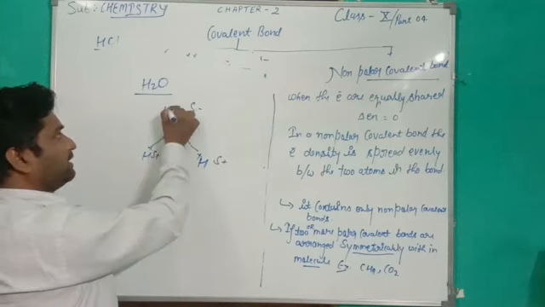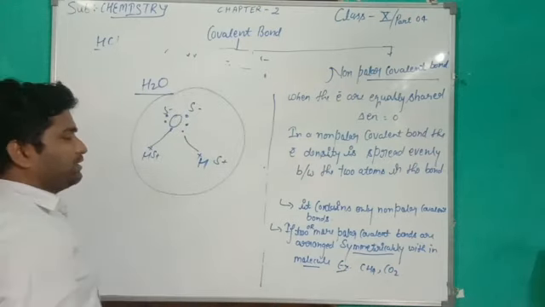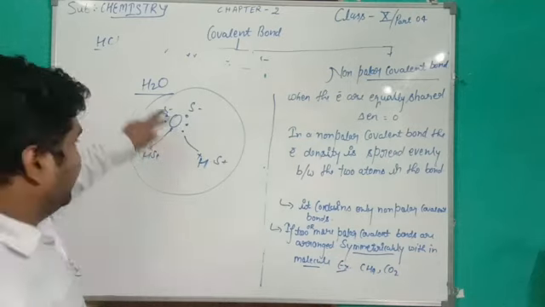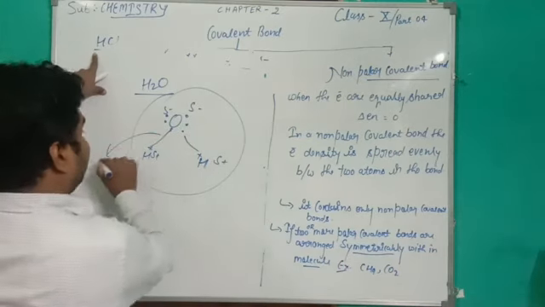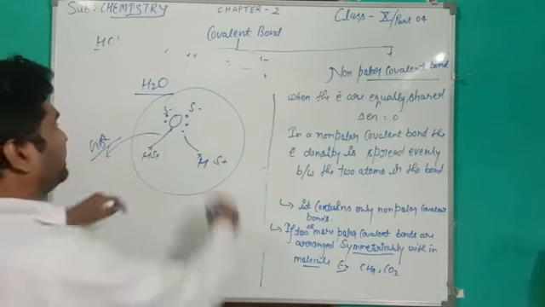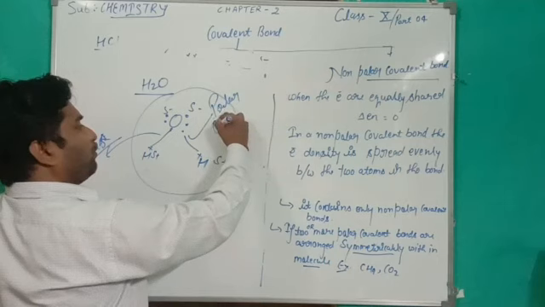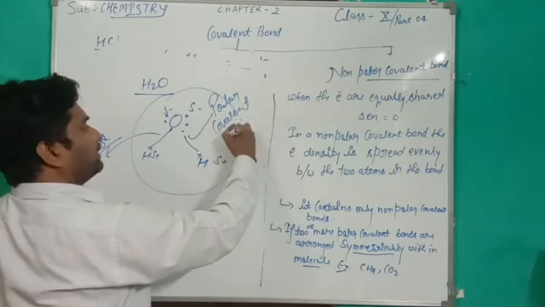So this is an asymmetrical position of oxygen atom and hydrogen atoms, and both bonds are asymmetrical. So that is why this is known as the polar covalent molecule.